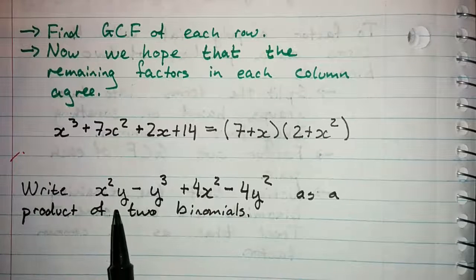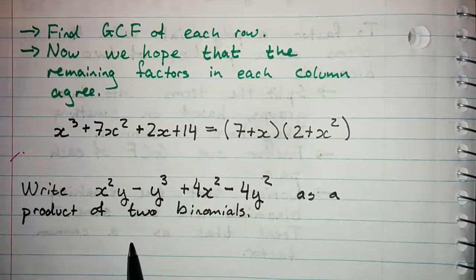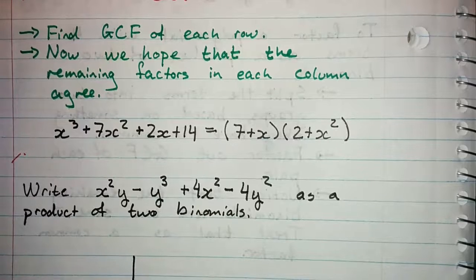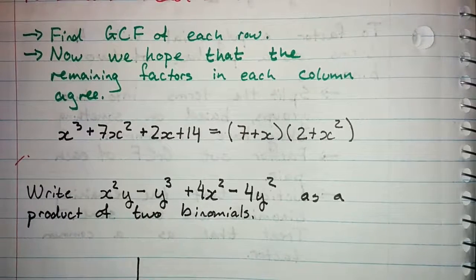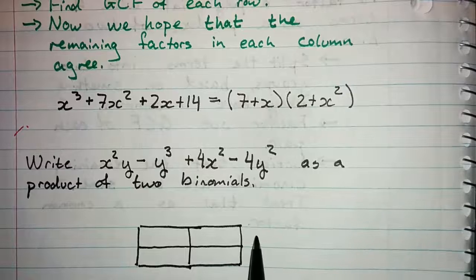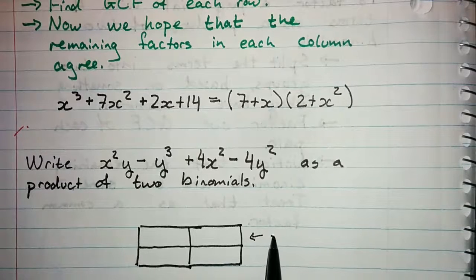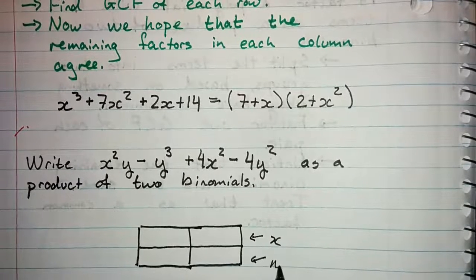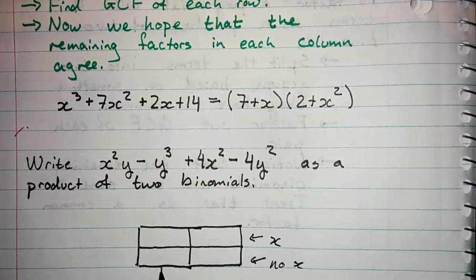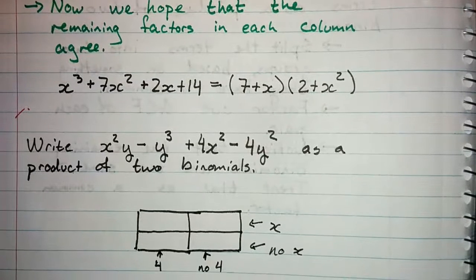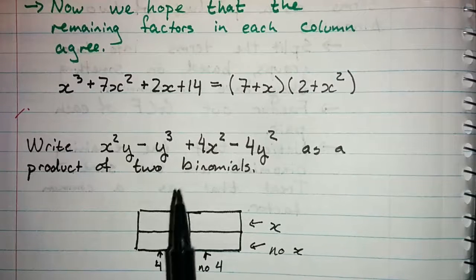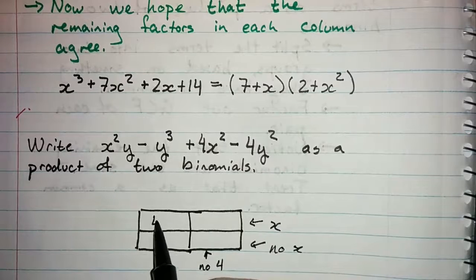All right. Well, it looks like my obvious way to categorize my terms is x versus no x, 4 versus no 4. So here I'll have the term with a 4 and an x, 4x squared.